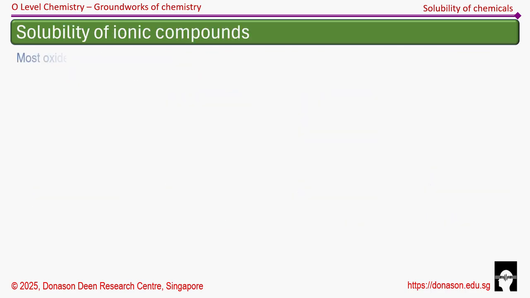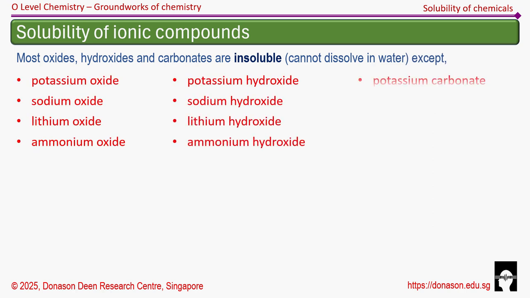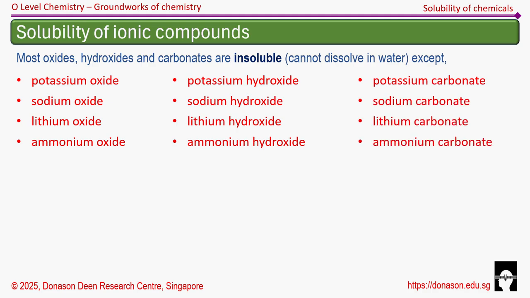Let us look a little deeper into the solubility of the chemicals. Most oxides, hydroxides, and carbonates are insoluble, i.e. cannot dissolve in water, except those of group 1 alkali metals, as well as ammonium oxides, hydroxides, and carbonates.